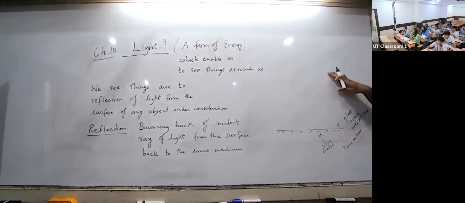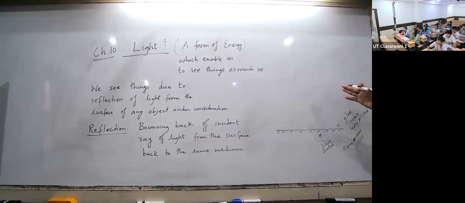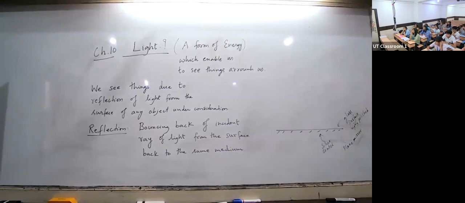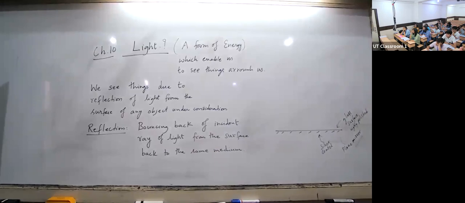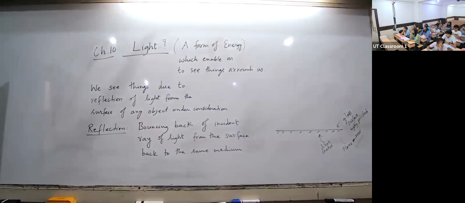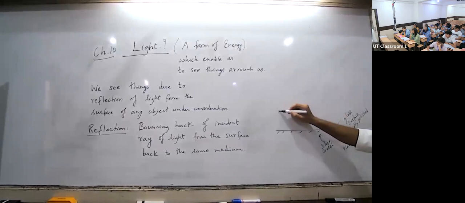Because if you polish and polish and polish, then you might start seeing your face in it. So that's the property of a polished surface, that it reflects maximum light back into the medium from where the light came or was incident on it. So there are two things. One is the incident medium.